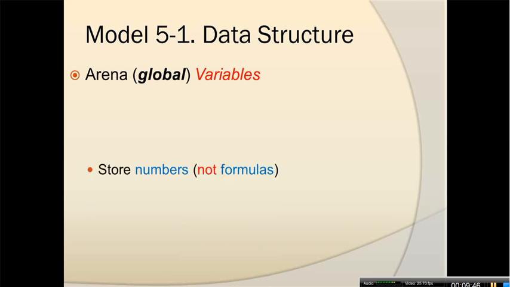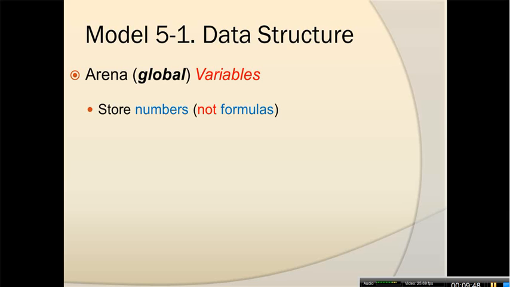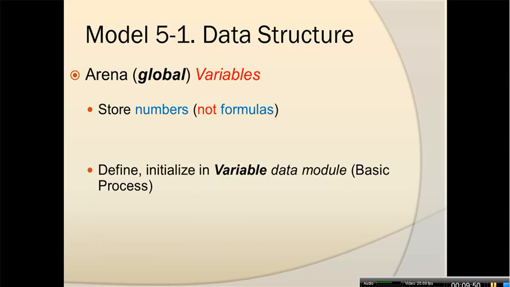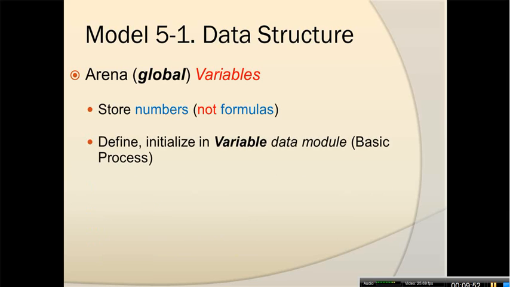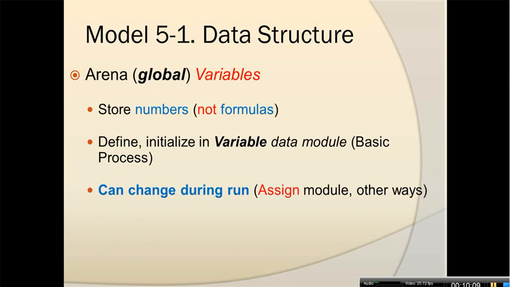Arena global variables can store numbers, but they cannot store formulas. When we go into basic process, there's a variable data module, and that's where you define the variables in Arena. These variables can also change during the run.